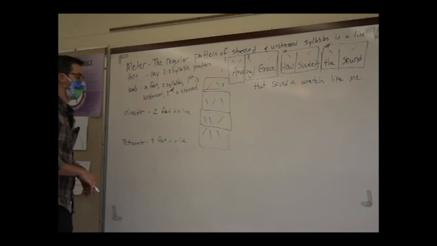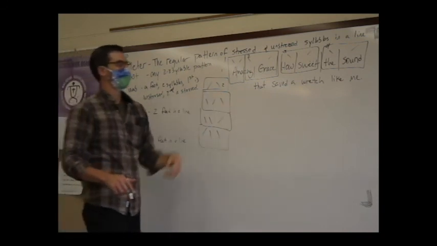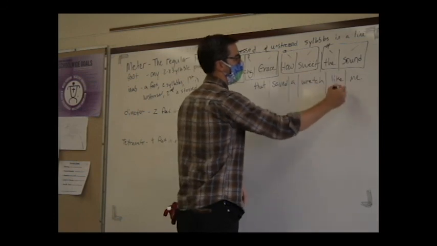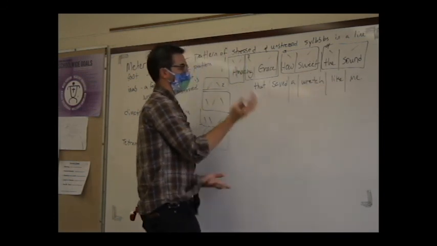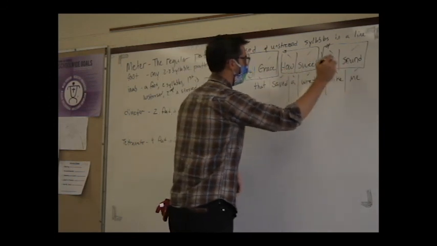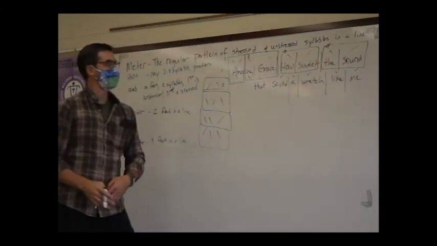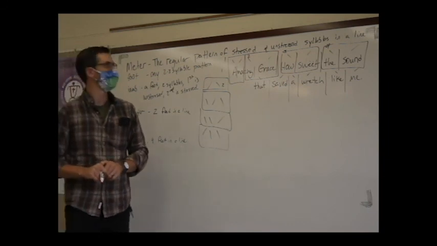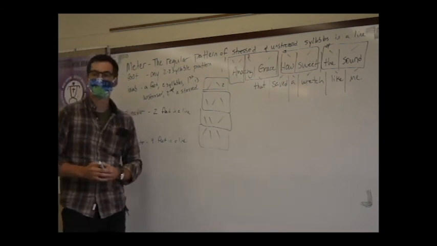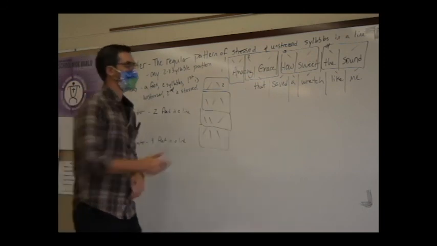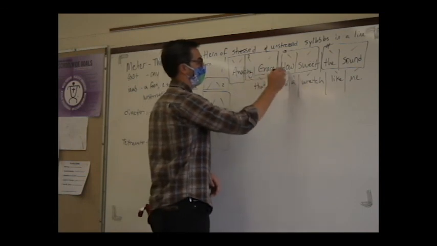So the next line, let's break it down. That saved a wretch like me. So let's follow the pattern. That saved a wretch like me. Before I draw the squares, how many feet are in that line? In the second line. 3, right. So that's saved because the pattern is down up.